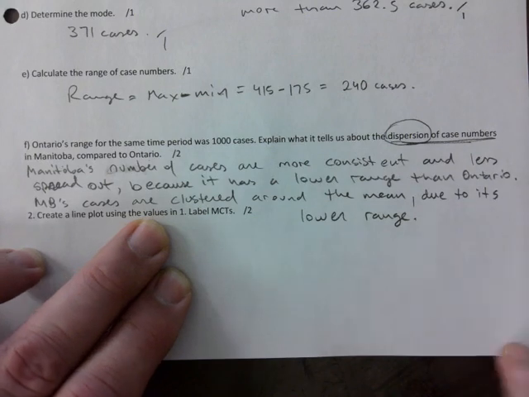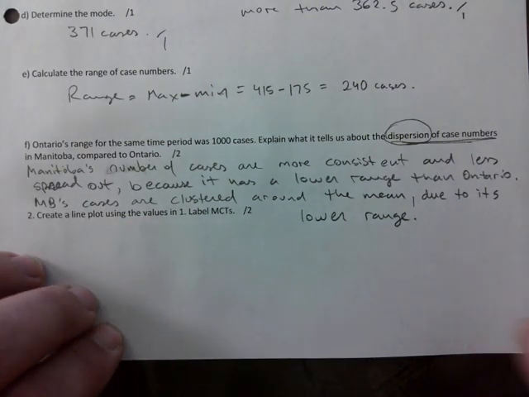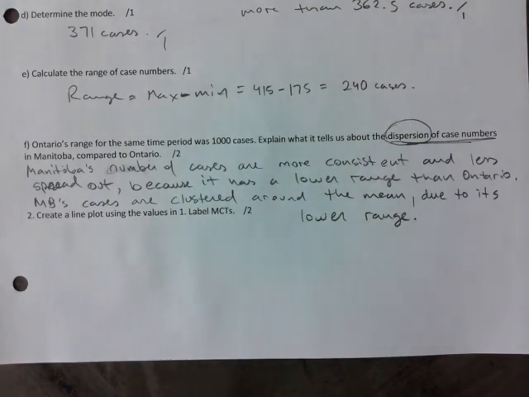Okay, if you wanted to talk about standard deviation, you could have done that as well. Manitoba has a lower range, which also means it has a lower standard deviation, which means that the case numbers are closer, on average, to what the average is. Okay. So any of those would have done the trick there.